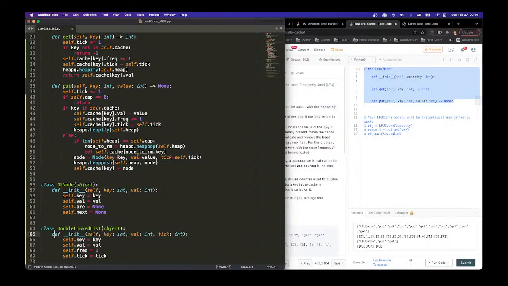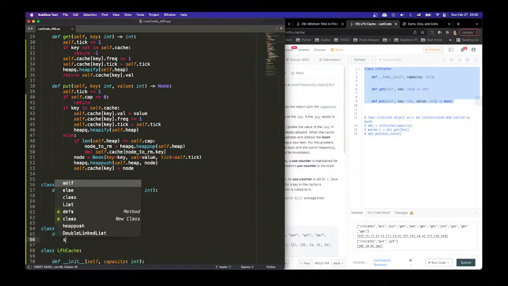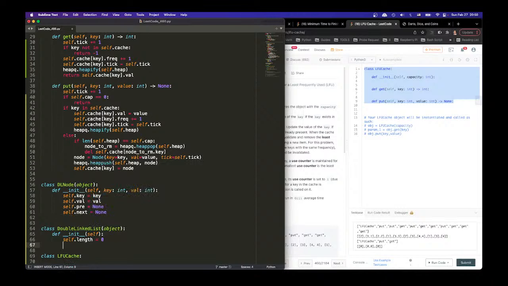And what do we need for this? Well, we don't have to do anything actually for the initiation, but I do need to have a self.length is 0, right? And self.head is going to be a D node, and we can just set key and value to -1.